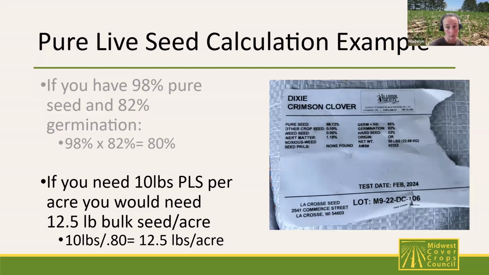The seed coating would mean our purity percentage would be much lower, that inert matter would be much higher. So this can be really important to do this calculation. 10 pounds versus 12 pounds, not that different. But in the case where we've got much lower purity, it can create a bigger difference. And can you click next, Ethan?